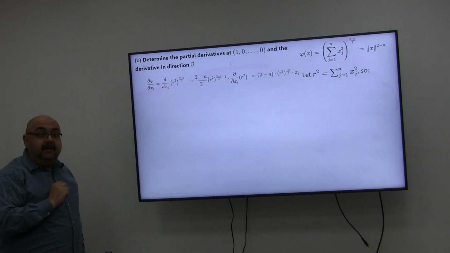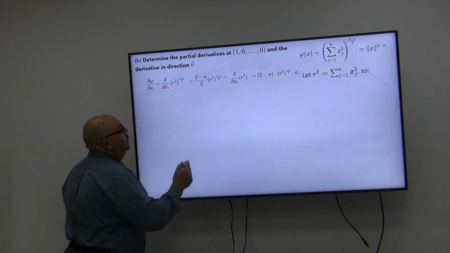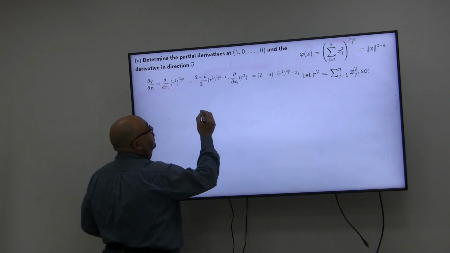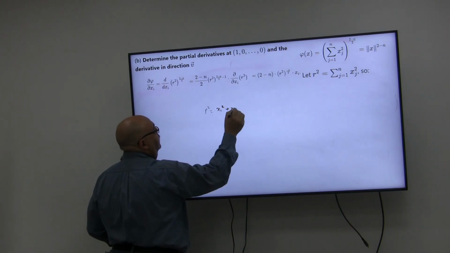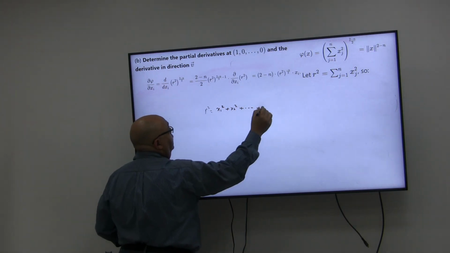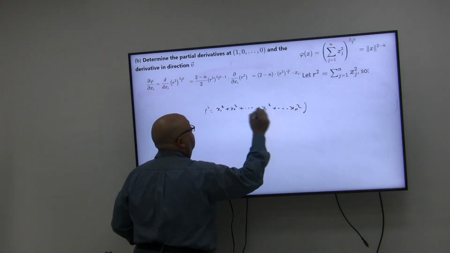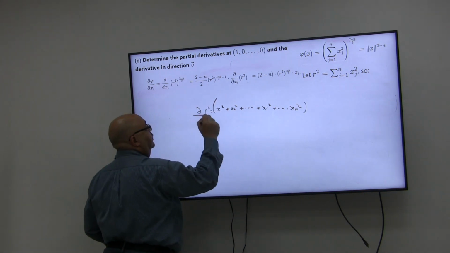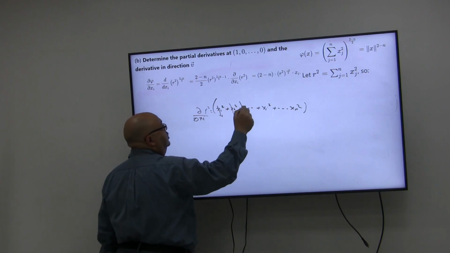Are you with me? No. I just don't get why the R squared is going to be x to the power. Okay. What's R squared? The other terms are zero, 0, 0, 0.